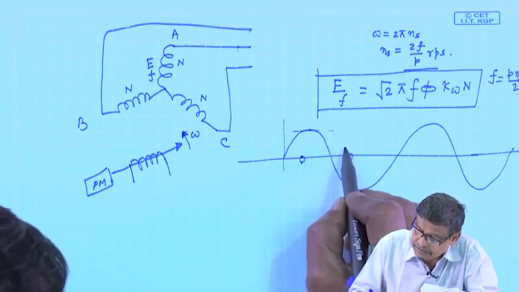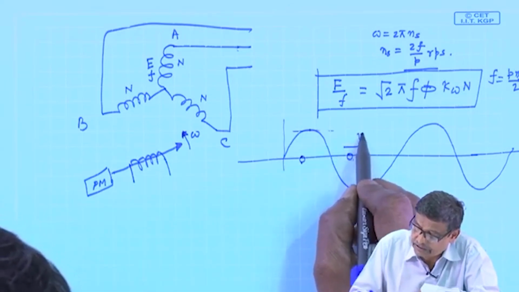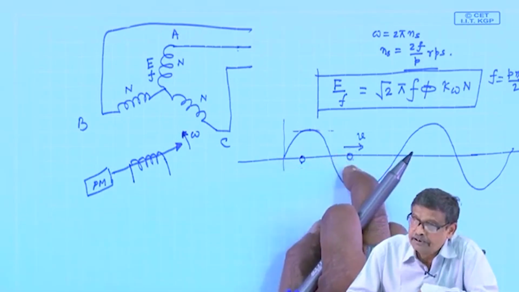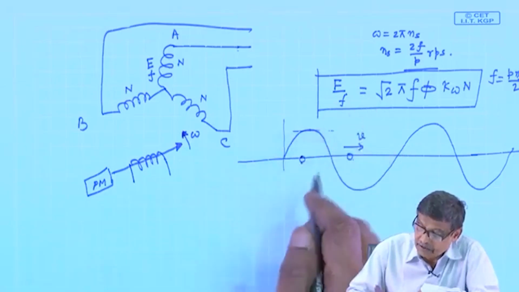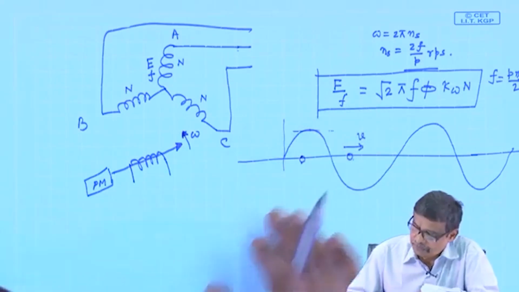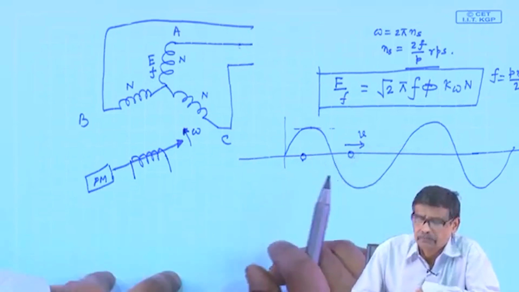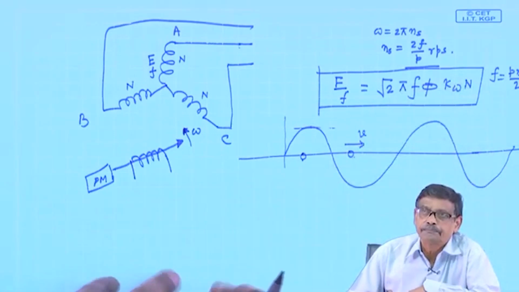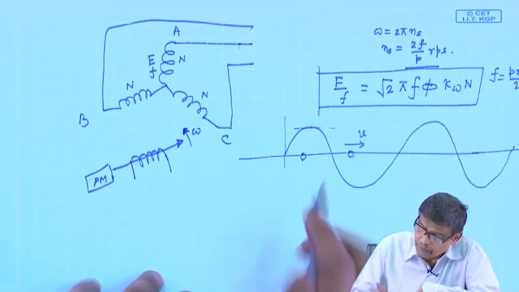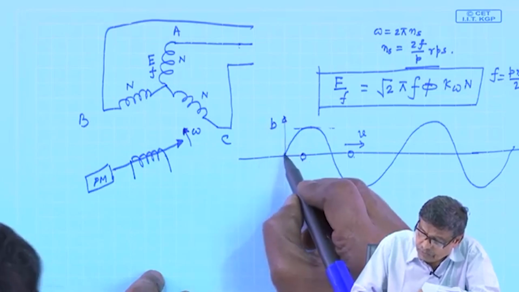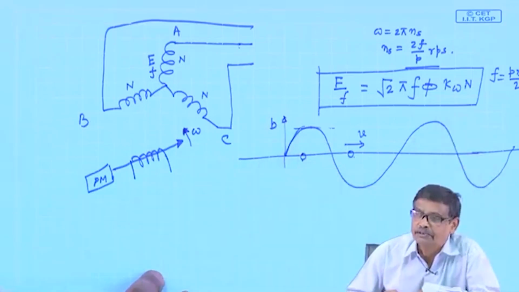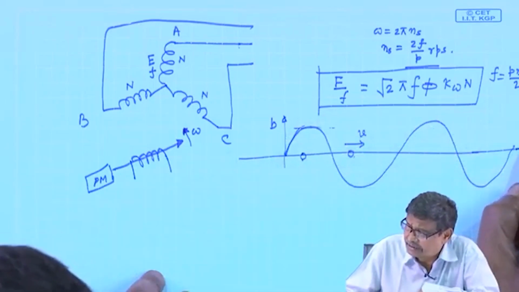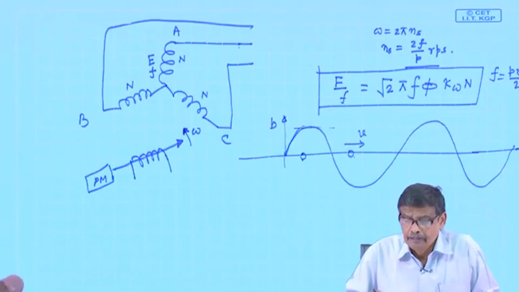Suppose this coil is moving with a velocity v meter per second, then it is BLV, for a single coil, 2 BLV. From that we got ultimately this expression of the voltage. Therefore, if this is B, the nature of the voltage will also be like this, 2 BLV. Whatever the B distribution is, this is the space angle theta, it will be like that.